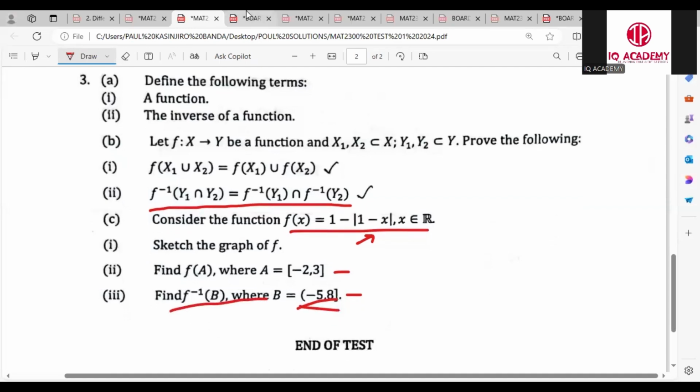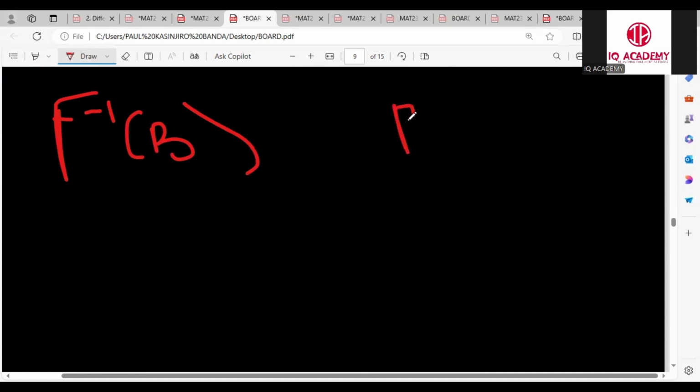Okay, and then now let's find the inverse image of this b. Even it will confirm it from the graph. So we have the inverse image of b on the interval -5 to 8. So this is what we have, right? You can use the graph or you can use the formula. So you have to know the definition of this guy here.